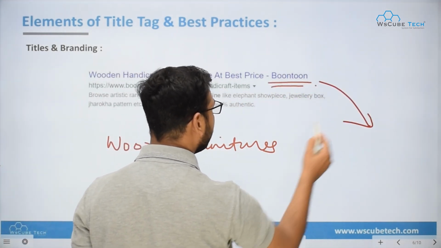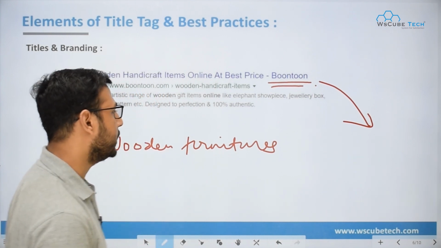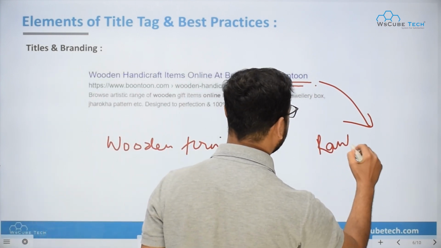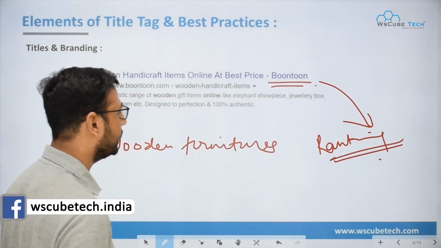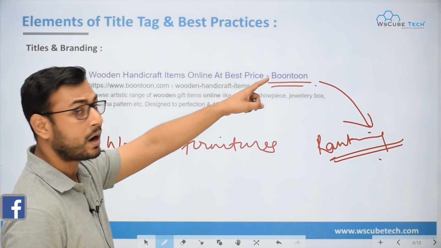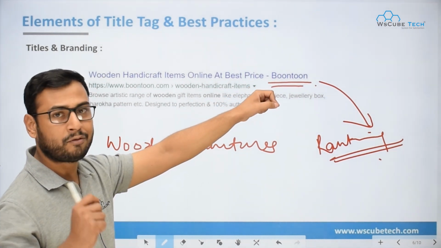It does not have anything to do with the rankings, right? It's not like a keyword. It doesn't do anything for ranking, but the important thing is that you are putting your brand in front of the people, right?